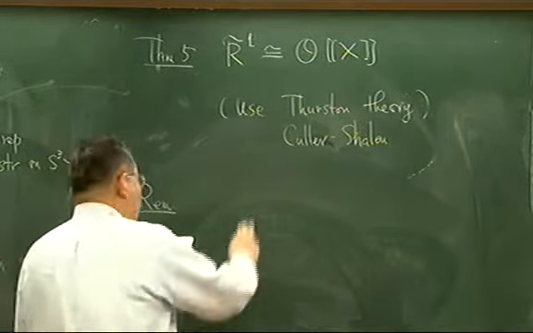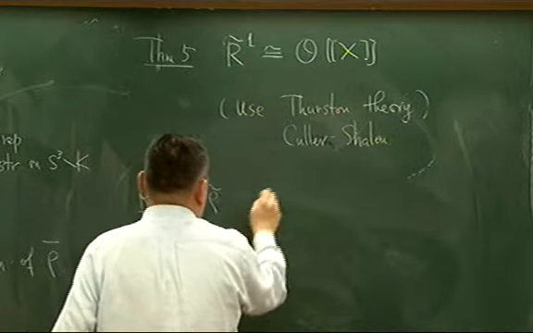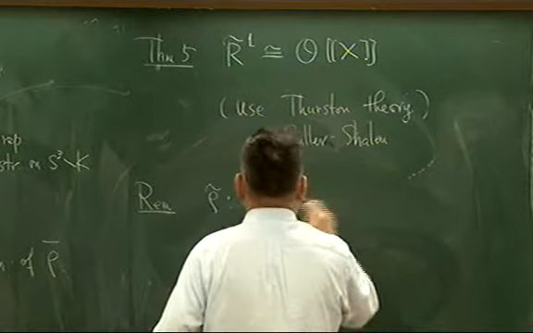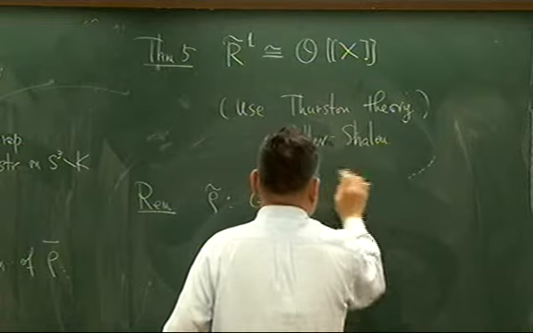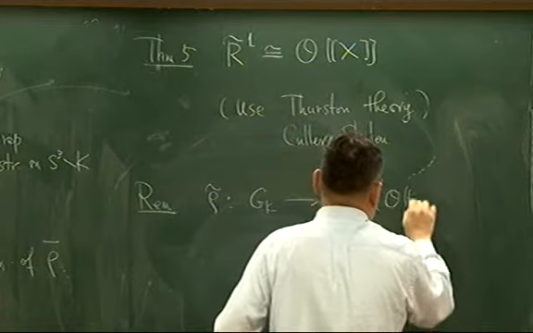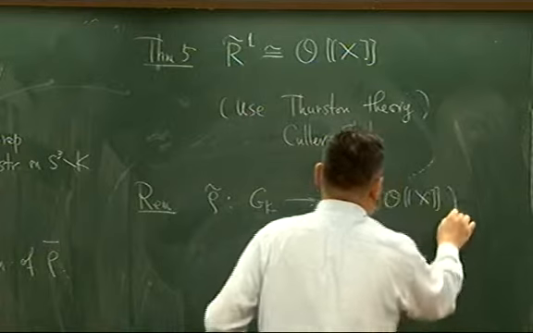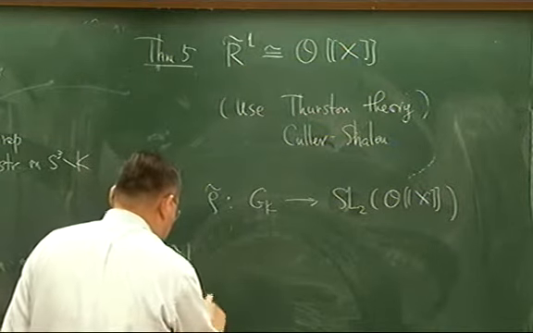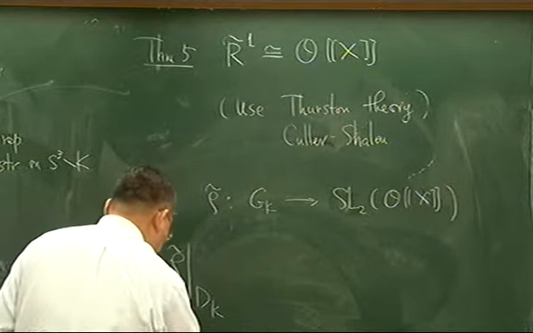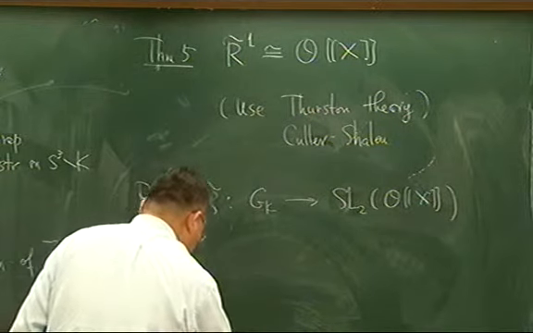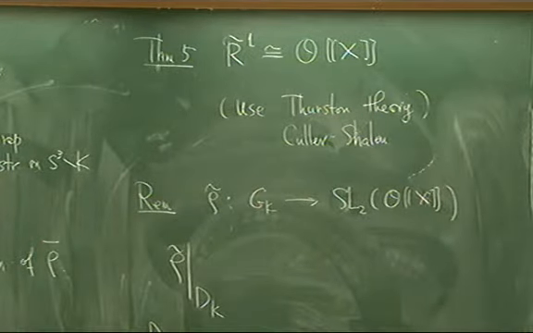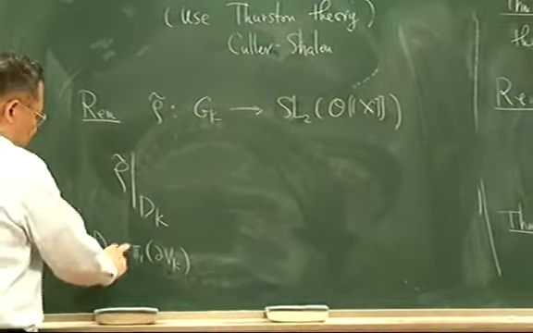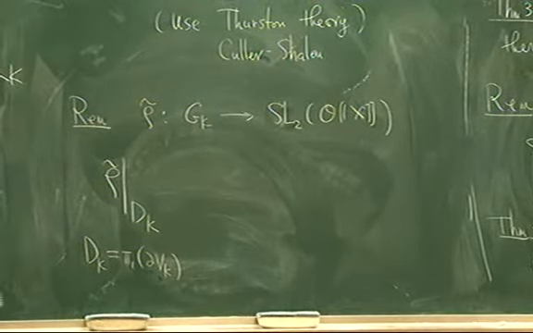Now rho tilde is a representation, not a group. The universal deformation is G_K to SL2 of the one-variable formal power series ring. If you restrict rho tilde to the peripheral group, which is the fundamental group of the boundary torus of a tubular neighborhood, then the group is simply the abelian group generated by meridian and longitude.